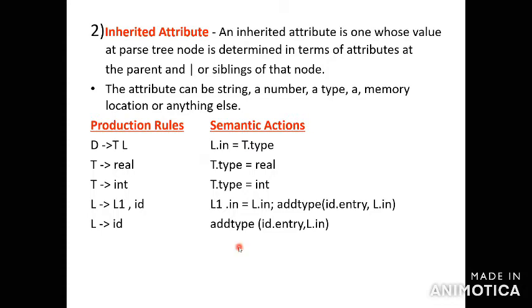So what is T dot type? T dot type is either real or integer. So D tends to T L. L is a sibling of T. So L in T dot type. T dot type is either real or integer.